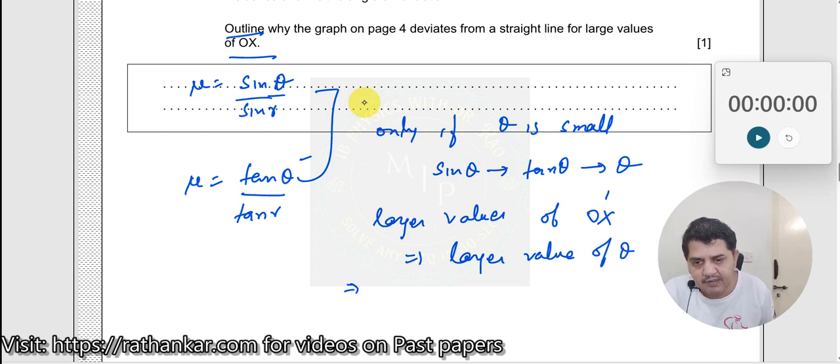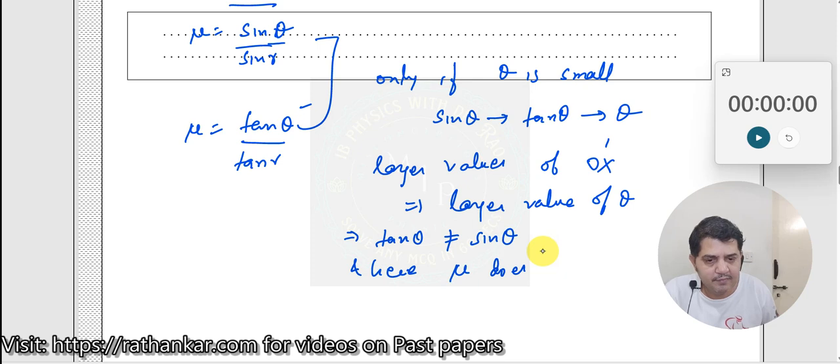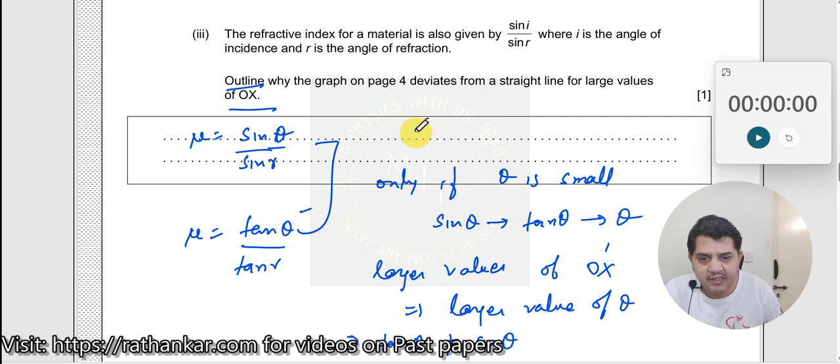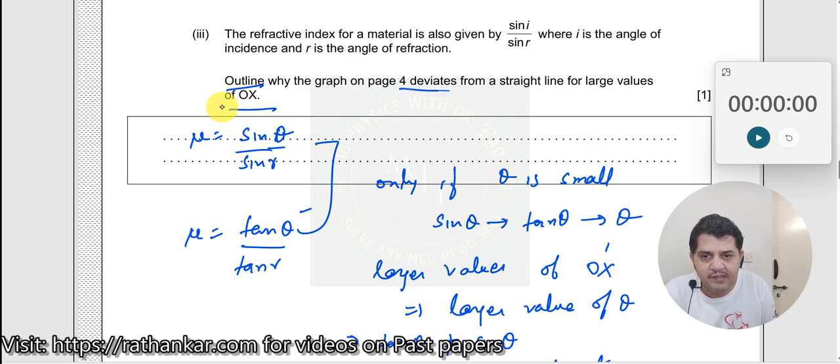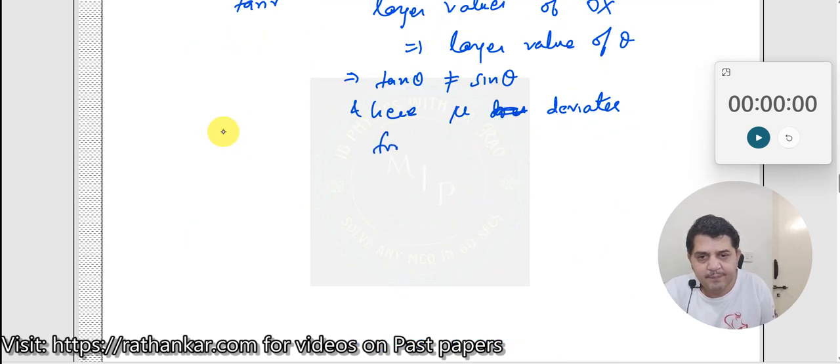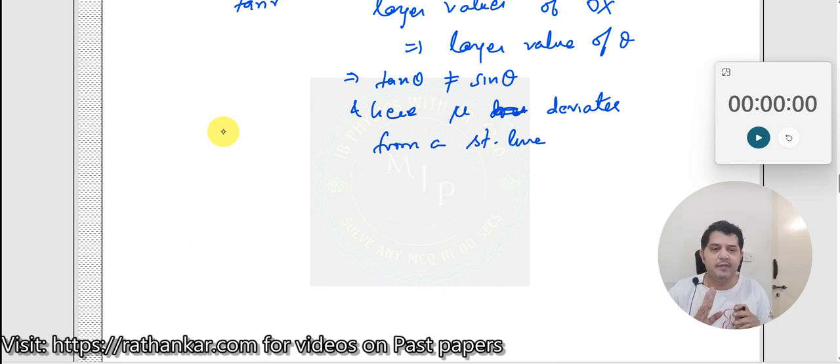So in that case, tan theta will not be equal to sin theta, hence the value of mu does not remain constant. The value of mu deviates. You need to copy this statement here because this was the conclusion you need to write: it deviates from a straight line.